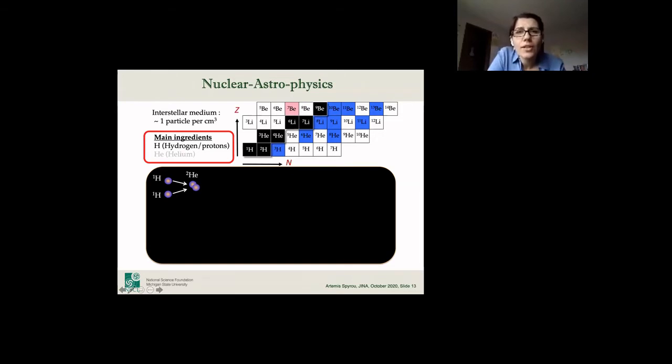So I go to my chart, here's my hydrogen, and helium-2 would be right above it, right here. And you see it's an empty white box. That's because helium-2 is what we call unbound, and immediately it will break back into the two protons. So we haven't really made much progress. You are in an environment with just hydrogen, and you still have just hydrogen and nothing really happened here.